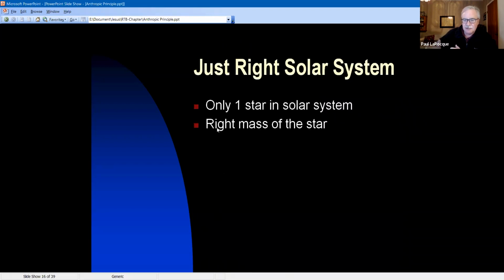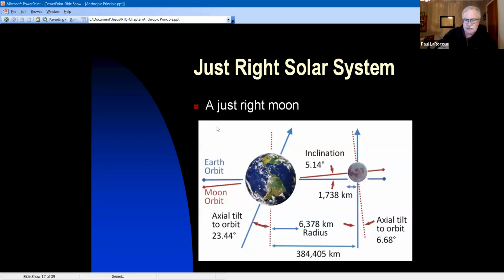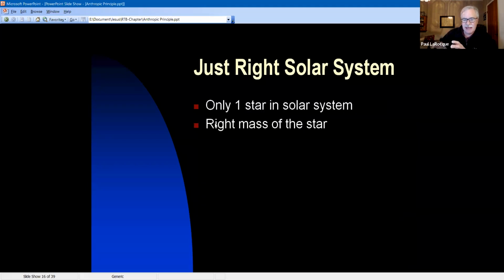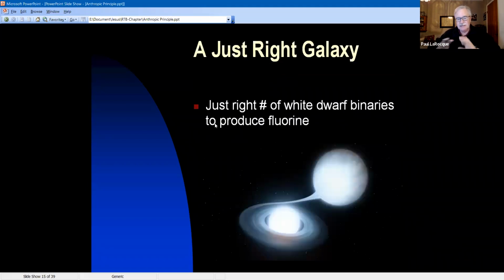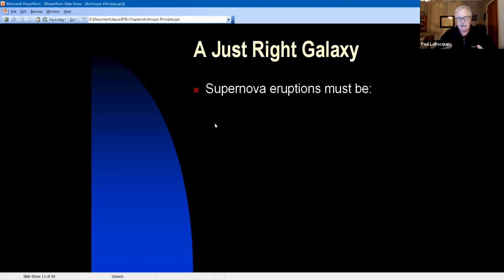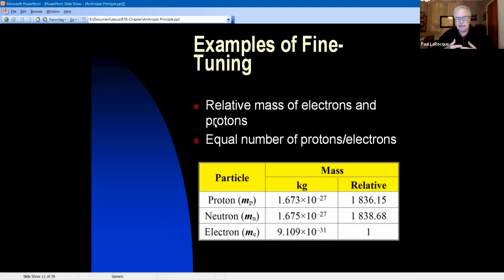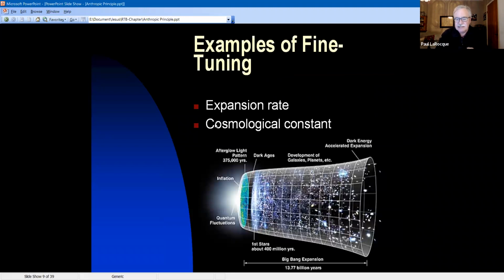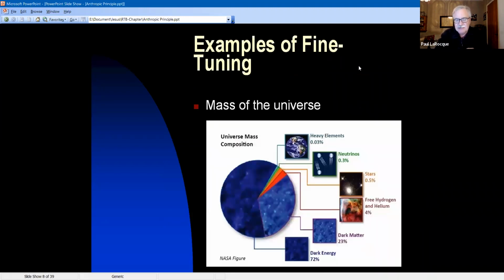There was a problem, and they had to speculate about dark matter in order to get that spin rate to match, because if it was just the observable matter, it wasn't spinning at the right rate. It didn't have enough mass for that spin rate to be stable. So Paul's absolutely right. Yeah, we can only see 4% of the universe. So there's a whole lot of other stuff that we can't see.